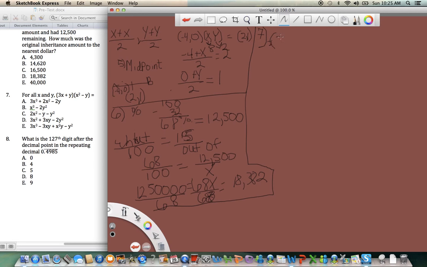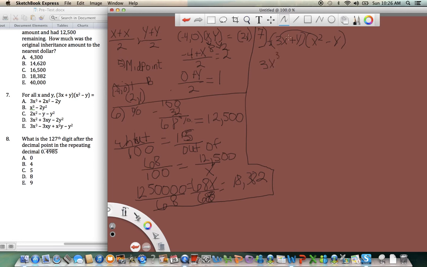Okay, so original problem is 3x plus y times x squared minus y. Okay, so it's first, inner, so 3x times x squared is 3x to the third.